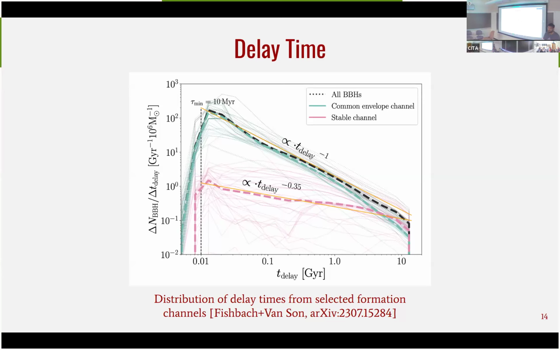Yes, time 0 is when the black hole binary is formed, not when the stars form. You could think of both, but these are massive stars, so they have a very short evolution time scale compared to the delay times. Compared to 10 million years? Yeah. And there's no hierarchical forming of these black holes?